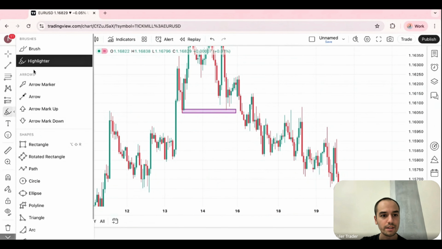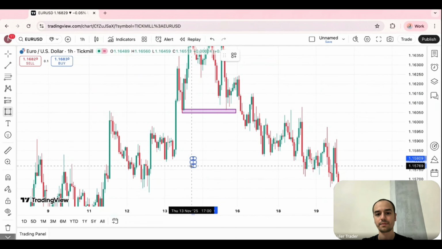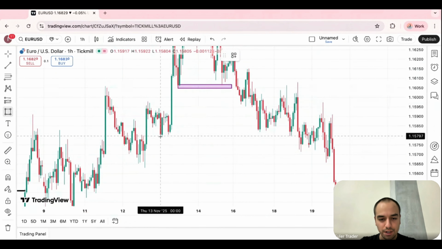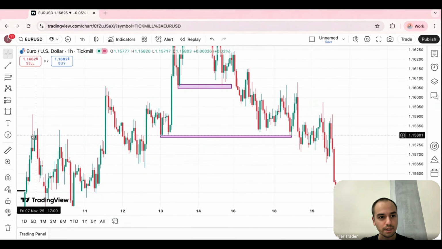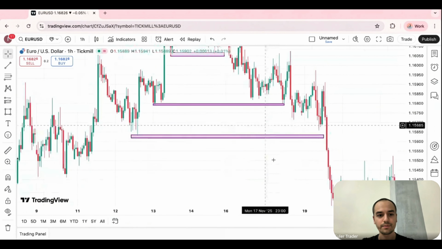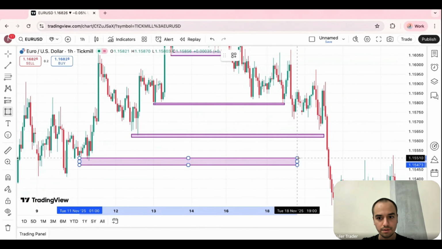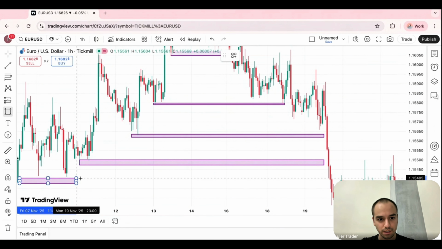every liquidity, let me mark it with rectangles. Every liquidity which has been left, every level, will act as a fuel at the next stage. Here, here, here you see as well.